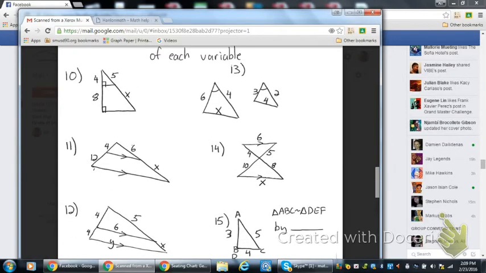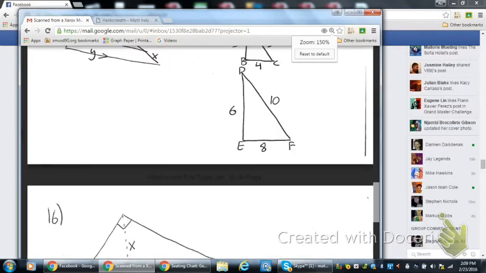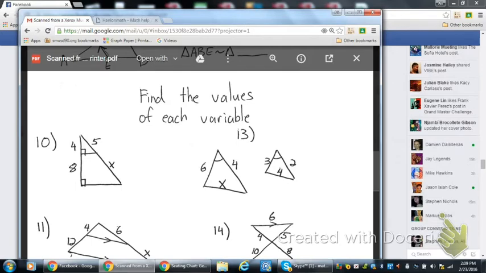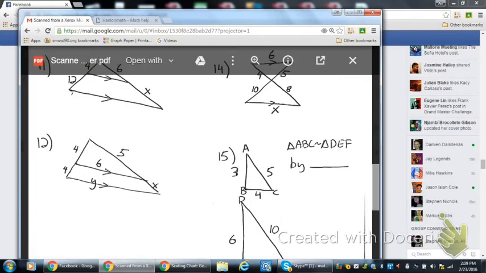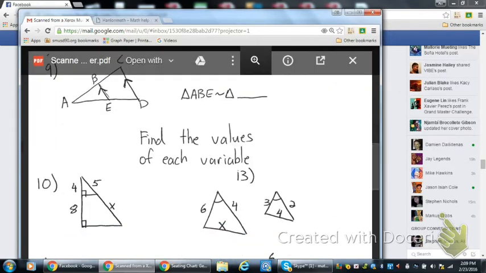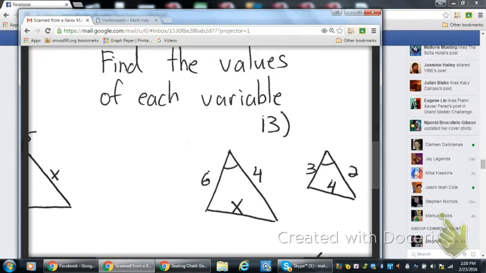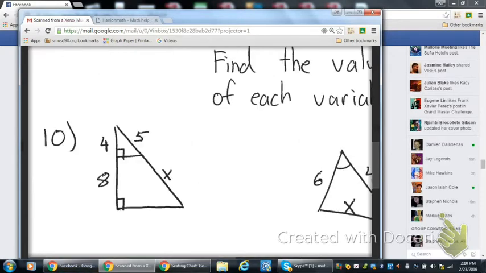Let's make it bigger. Let's take our time here. All right, let's separate it. Okay, so let's do this one.